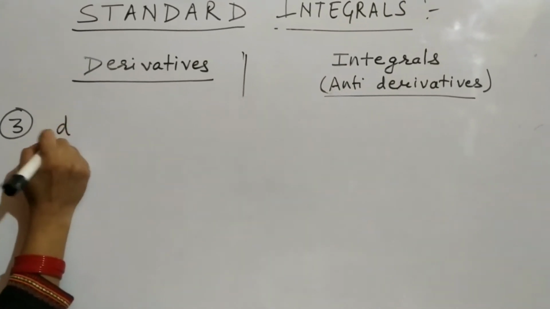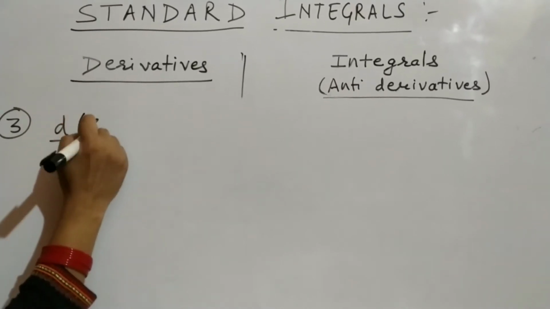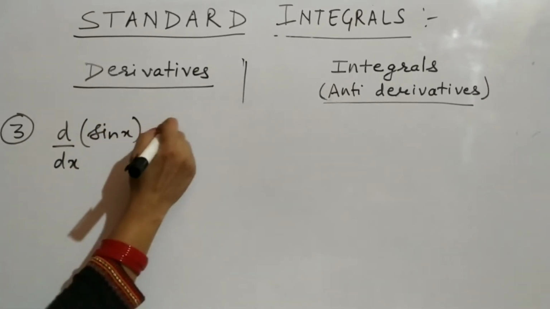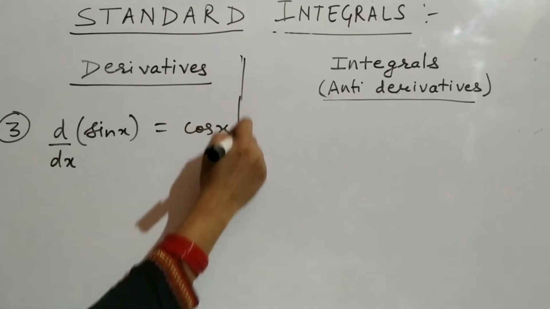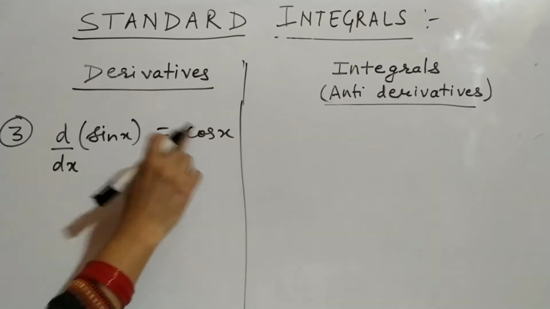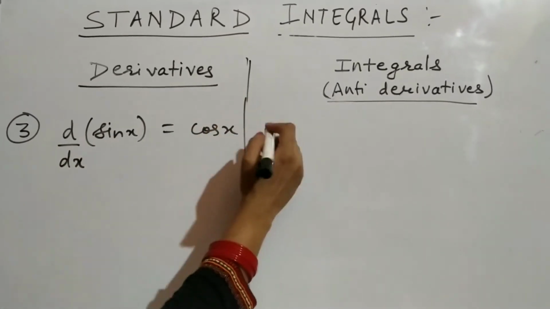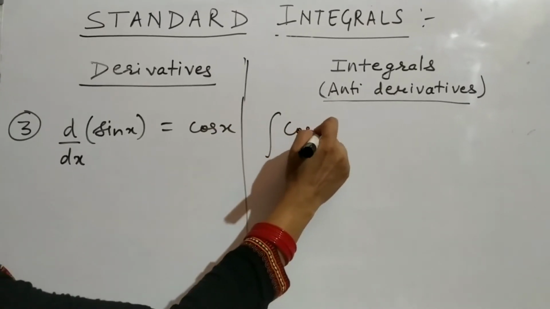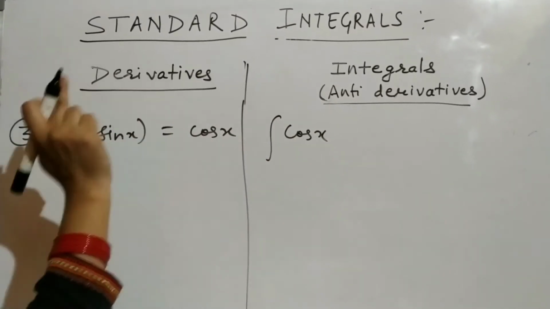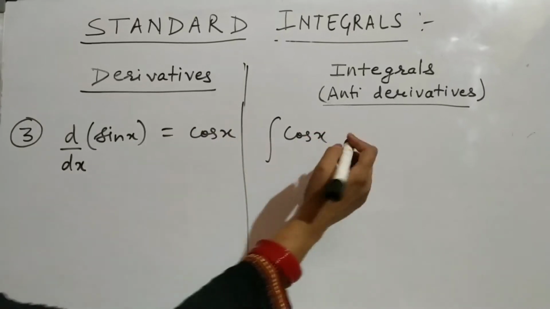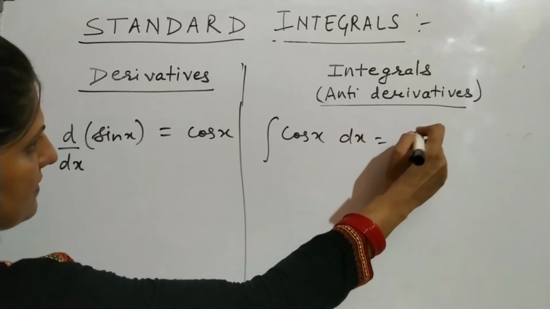Now we know that the derivative of sin x is equal to cos x. That implies the integration of cos x is equal to sin x plus c.